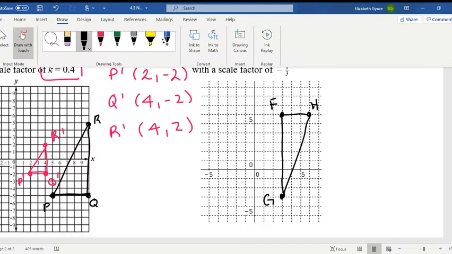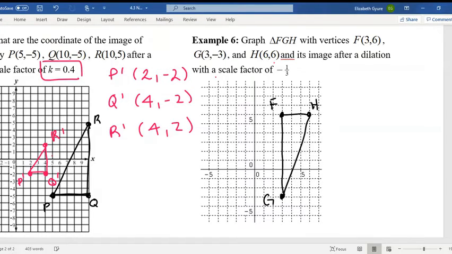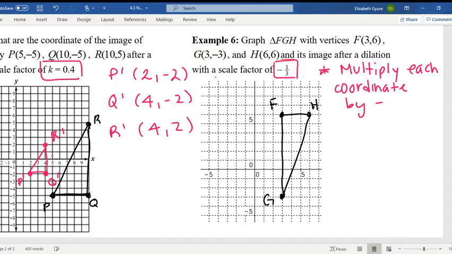But don't change your process. Our scale factor is negative 1/3. So we just need to multiply each coordinate by negative 1/3. Okay, that's what we're going to do.